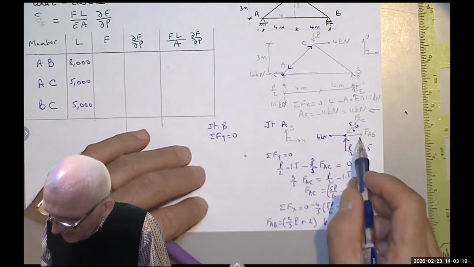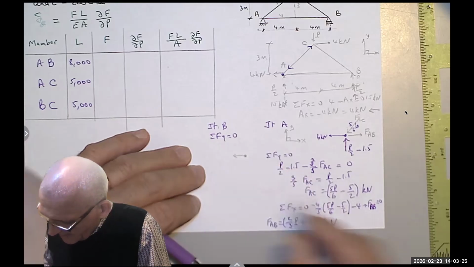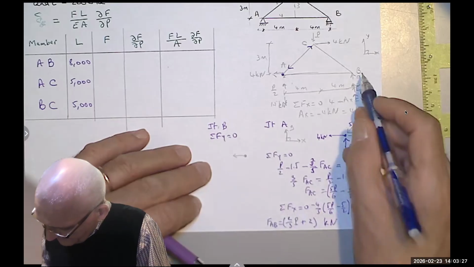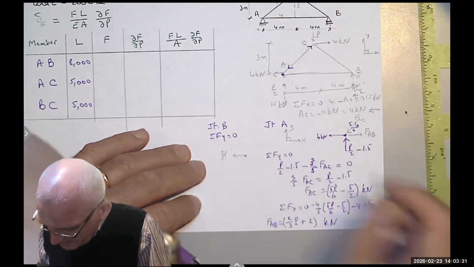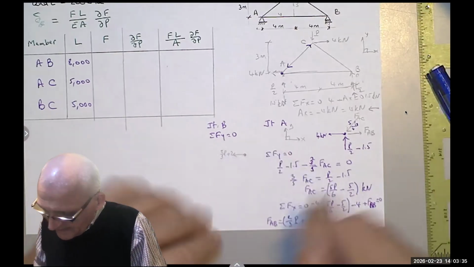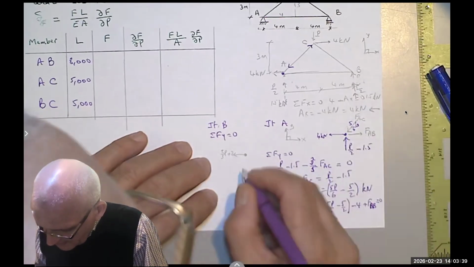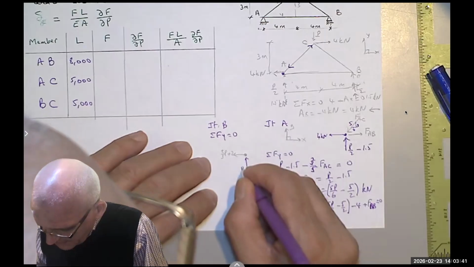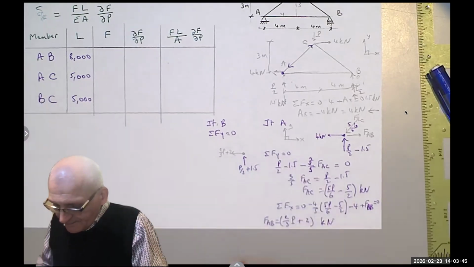I already know FAB is tension, so it's going out of the pin, and it's 2/3 P plus 2. And then I have the reaction going up. It's P over 2 plus 1.5.